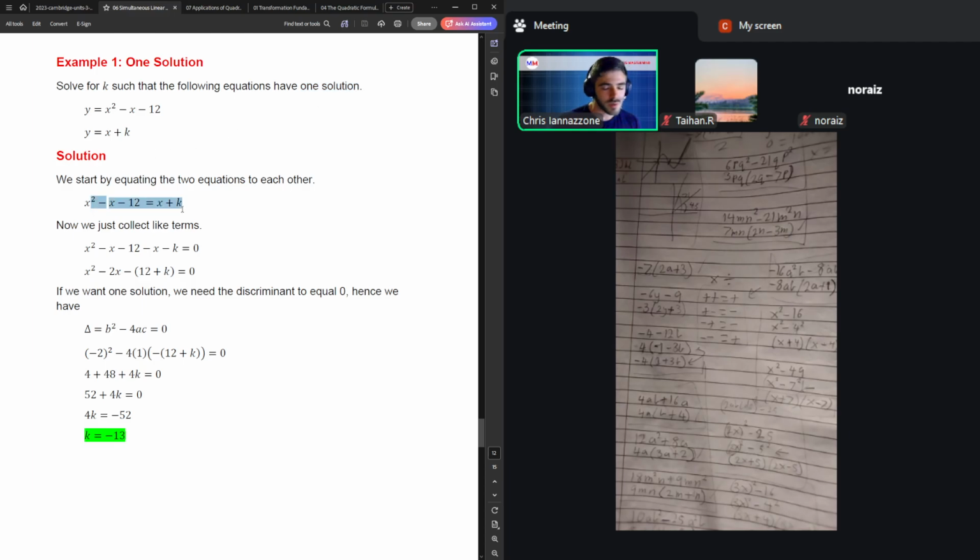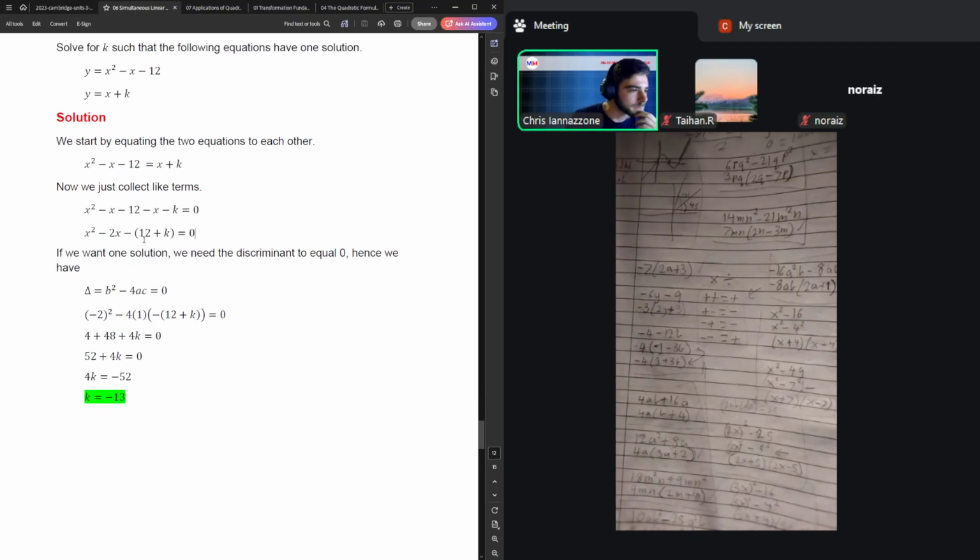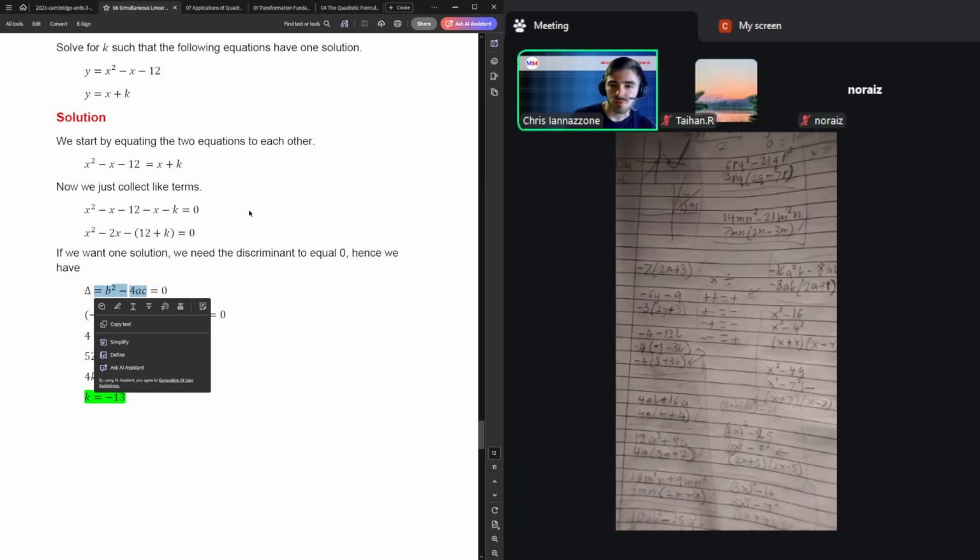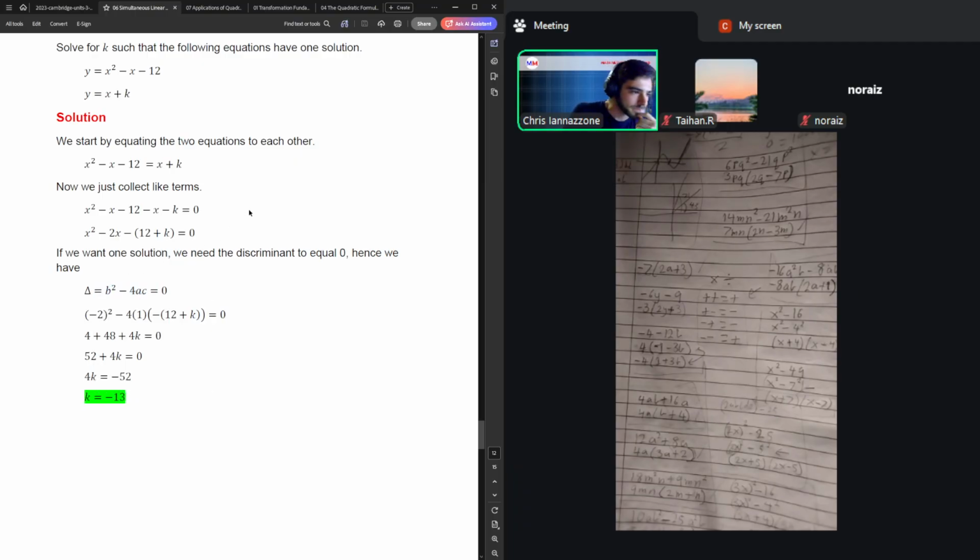We'll start like we always have, which is equating the quadratic to the linear, and then getting everything onto the same side, creating some resulting quadratic on that left-hand side. My preference has always been to group the terms, so it's a lot easier to see what's my A, what's my B, what's my C, because you'll need all 3 of those terms to calculate your discriminant.